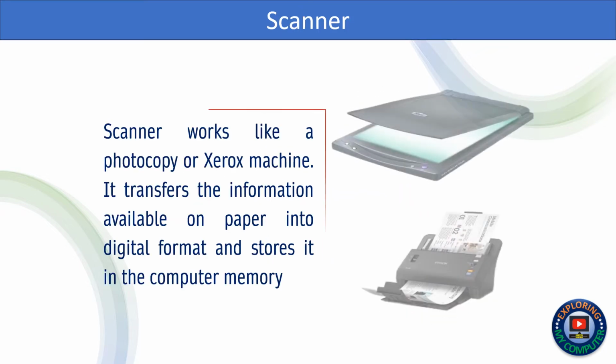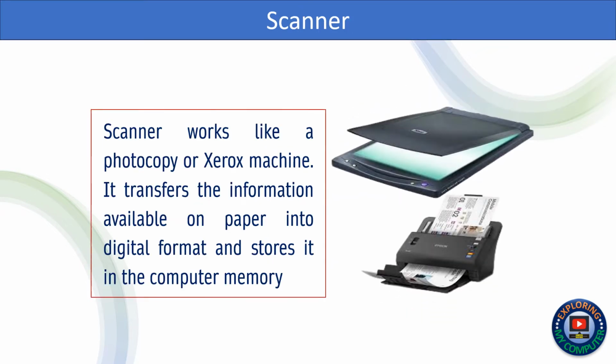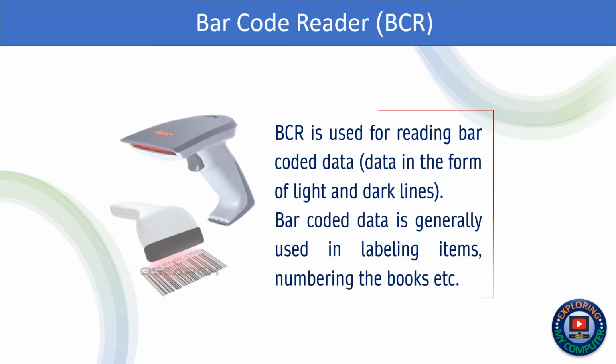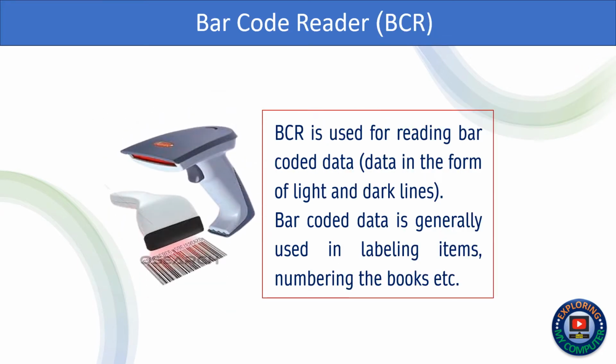A scanner works like a photocopy or Xerox machine. It transfers the information available on paper into digital format and stores it in the computer memory. A barcode reader is used for reading barcoded data in the form of light and dark lines.